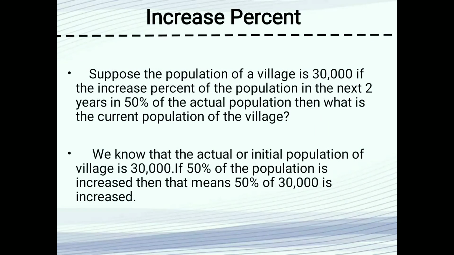Now, increase percent. Suppose the population of a village is 30,000. If the increase percent of the population in the next 2 years is 50% of the actual population, then what is the current population of the village? We know that the actual population of the village is 30,000. If 50% of the population is increased, then that means 50% of 30,000 is increased.